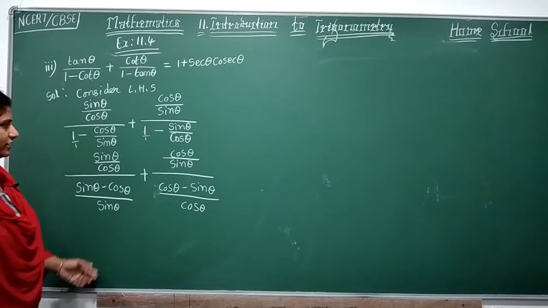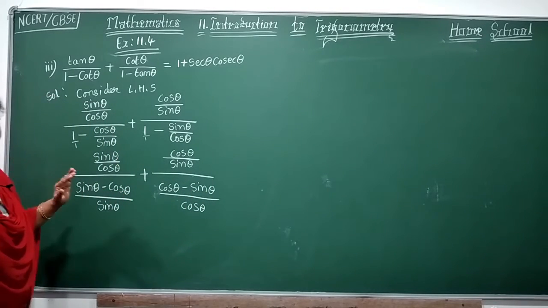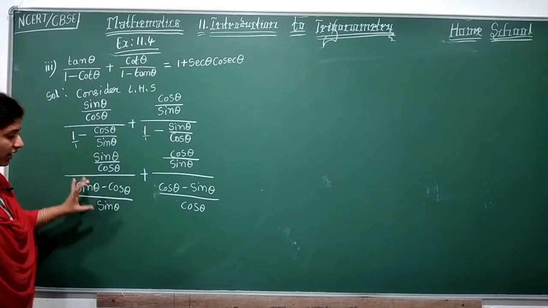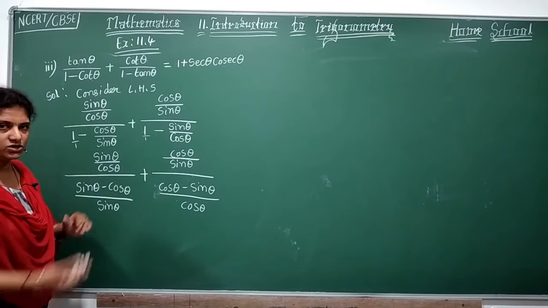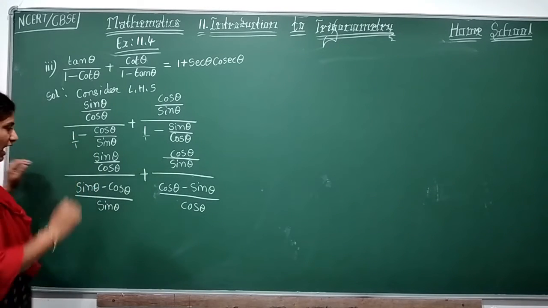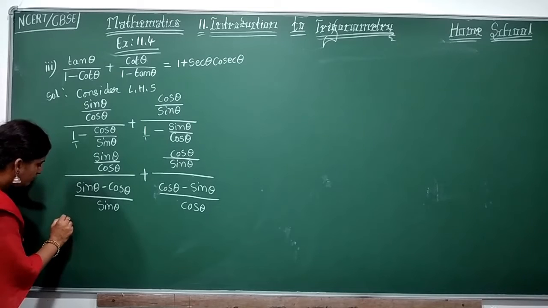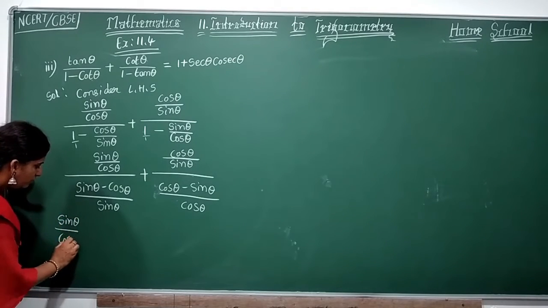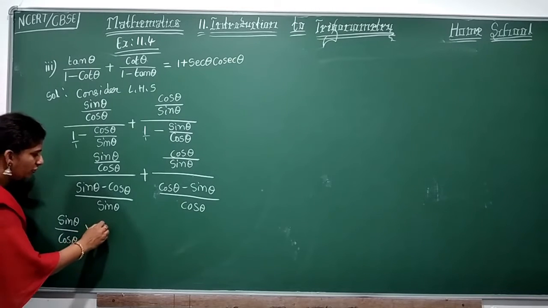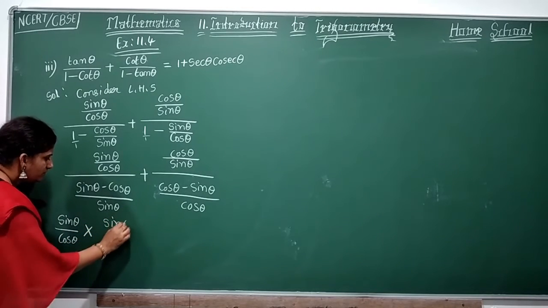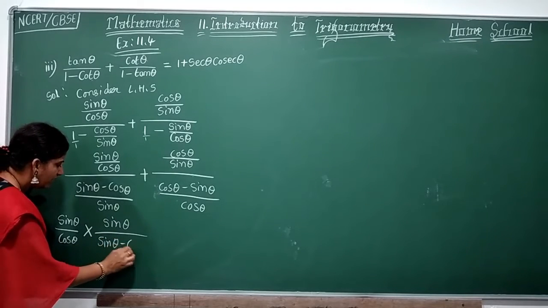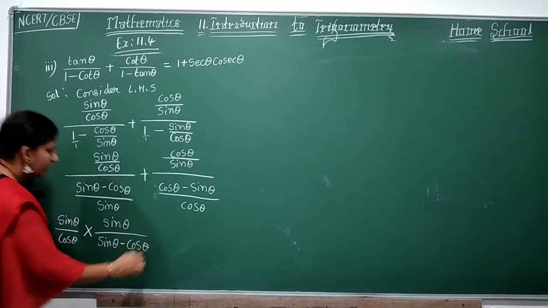Oh my god, what is this? Okay, now don't be afraid. So here how it is? A by B whole divided by C by D. So try to bring this denominator up. How we are going to bring, children? Sin theta by cos theta into sin theta by sin theta minus cos theta.